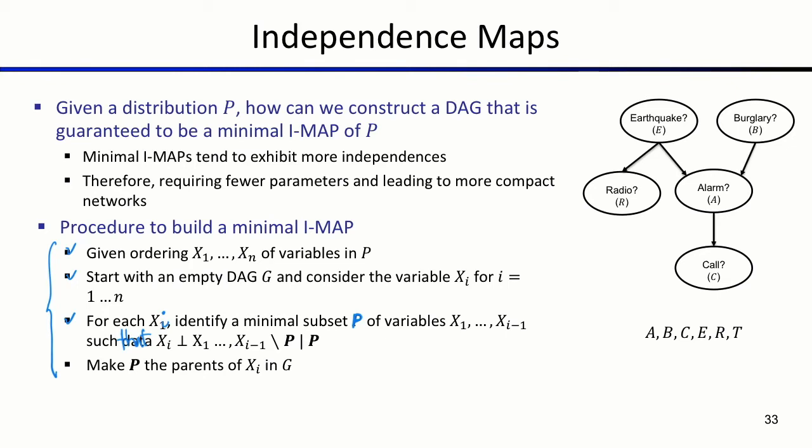So let's look at one example. I think that's going to be easier for us to understand than reading the algorithm. So I will take this graph here. We have this well-known problem of the earthquake, burglary, and alarm, and I will take this ordering here and see what we get as the minimal IMAP.